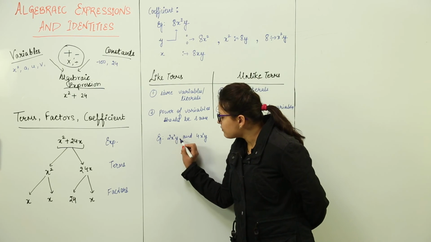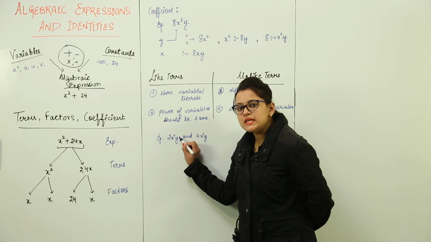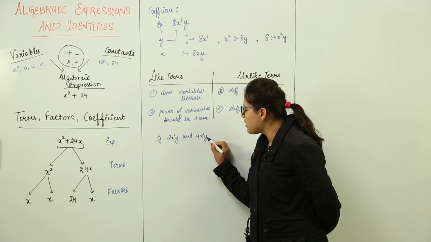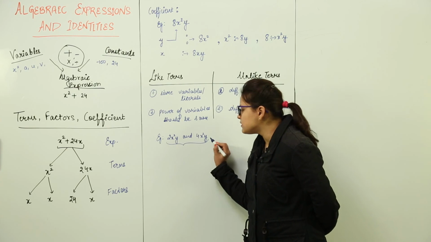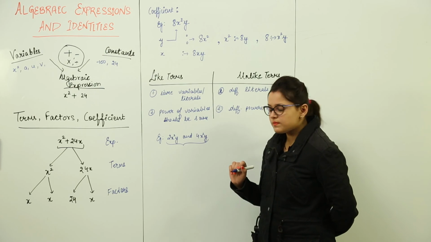Can you check the powers of both? Here the power of x is 2 and the power of y is 1. Here as well the power of x is 2 and the power of y is 1. So both terms have the same variables as well as the same power. So we can say that these are like terms.